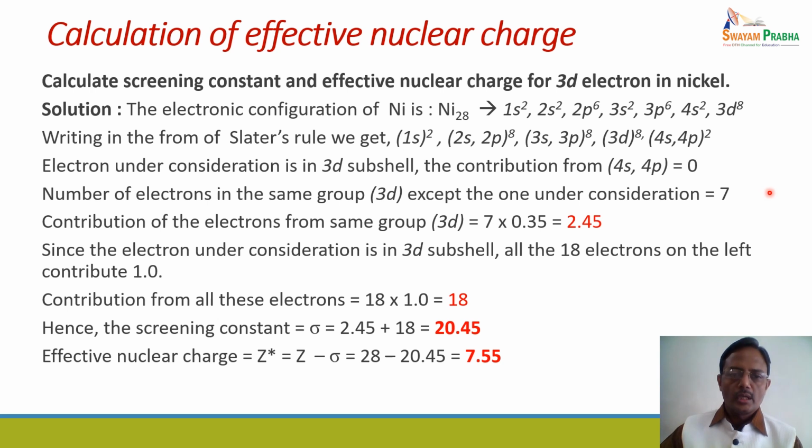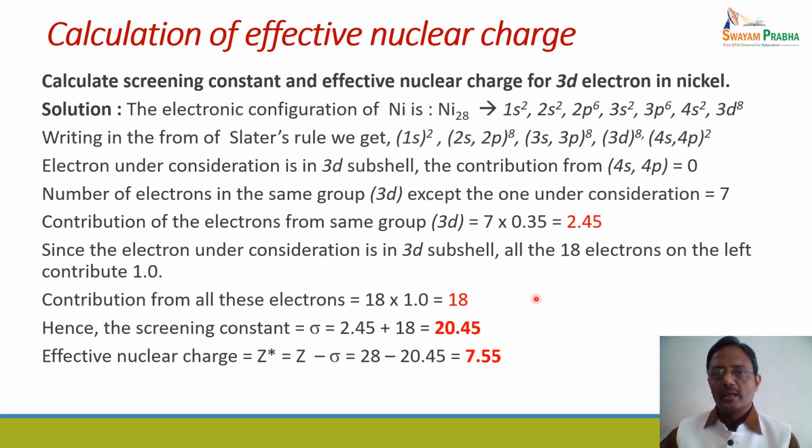Subtracting this screening constant sigma from the total Z value gives 7.55. In other words, the force experienced by the 3d electron in nickel corresponds to only 7.55 positive charges, even if the total positive charge on the nucleus is 28.